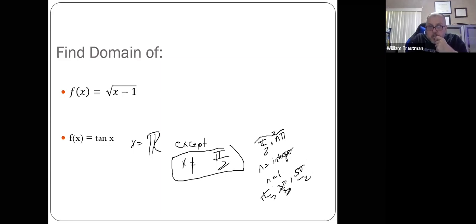So this is one way of writing it. You'll see the book has a lot of different ways of writing this. In the show your work, that's all I would need, something like this. But x can be any real number except a multiple of pi over 2. So that's the domain for tangent of x.